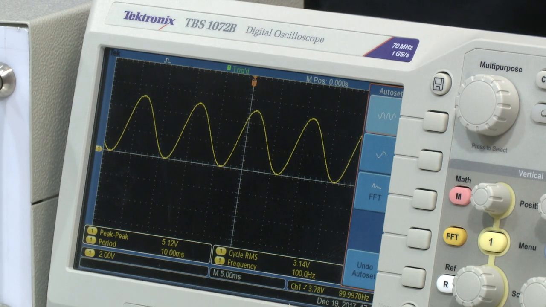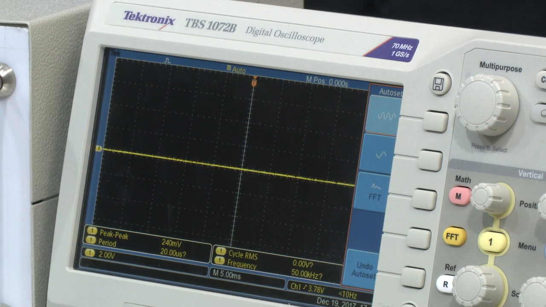Okay. So, now we know that the frequency from the function generator is 100 hertz. We have also confirmed that the voltage from the function generator is 5 volts. We have also confirmed that the input signal is a sine wave. Three things we have confirmed.